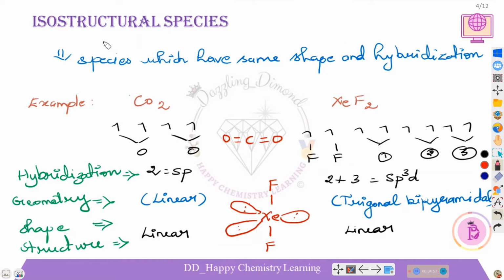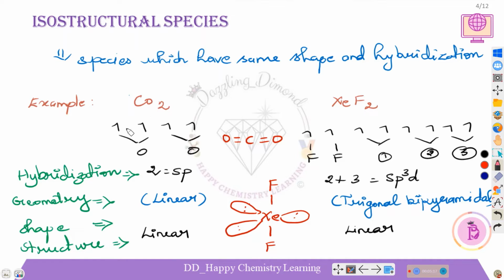Now we will see isostructural species, where the species have the same shape and hybridization. We can take the example CO2 and XeF2.